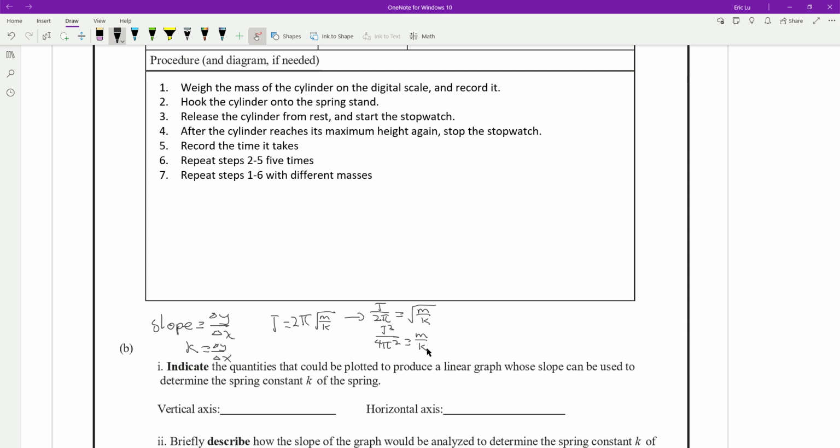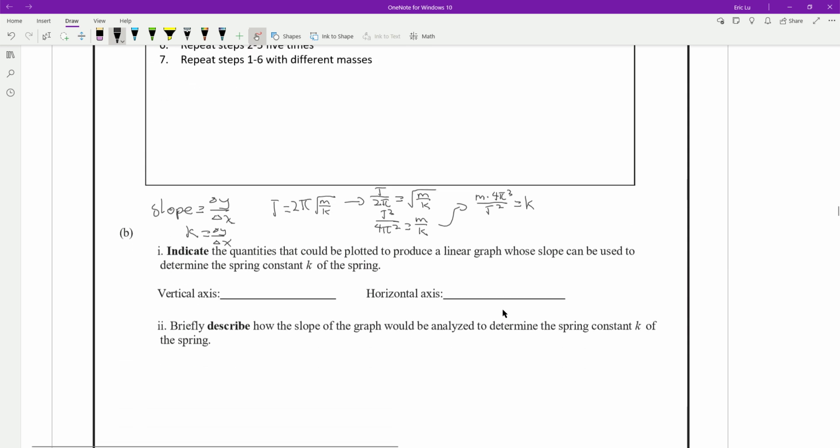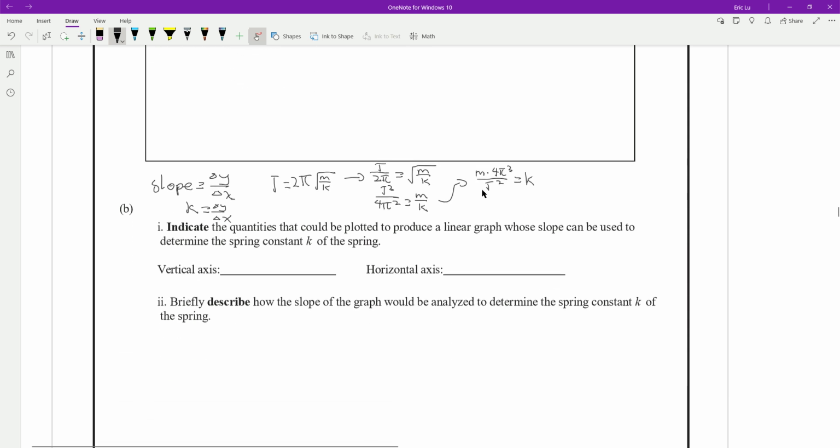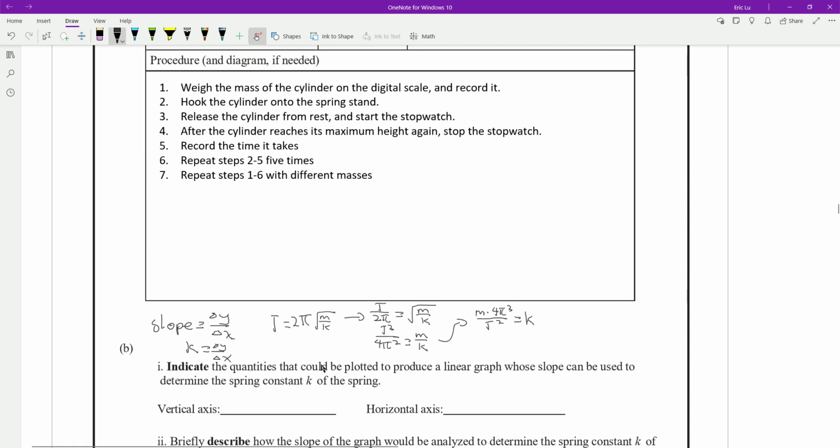Now we cross multiply, and we get m times 4 pi squared over T squared equals k. And now we have our delta y and delta x.